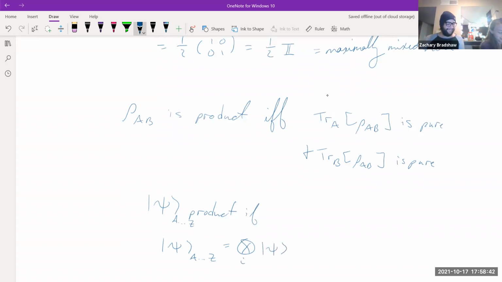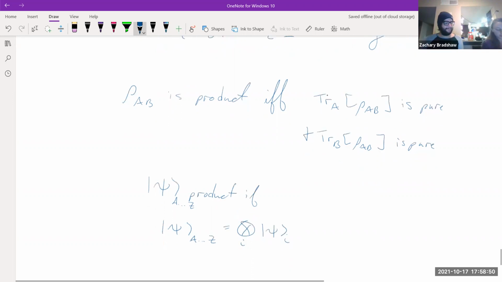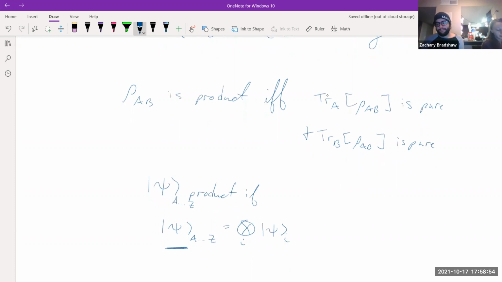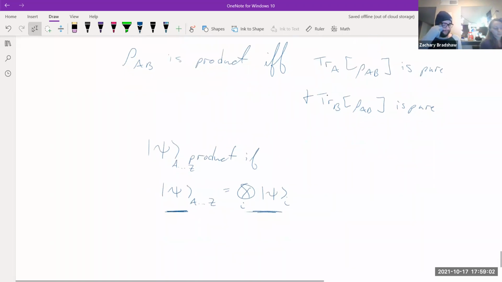It's a bad notation on my part. It's a pure state on all of your Hilbert spaces, essentially. So if your pure state is written as a tensor product of pure states, distinct on your Hilbert spaces, then it's product.